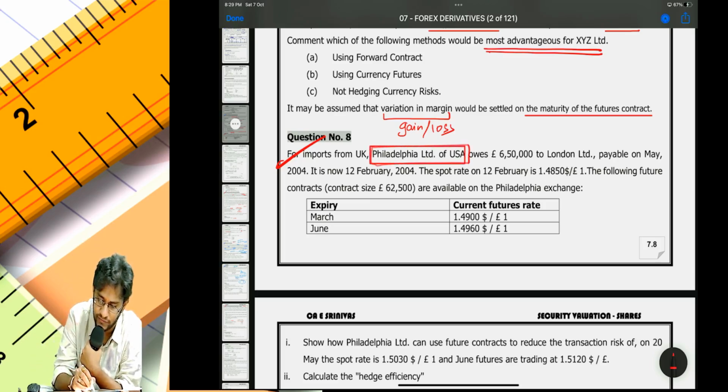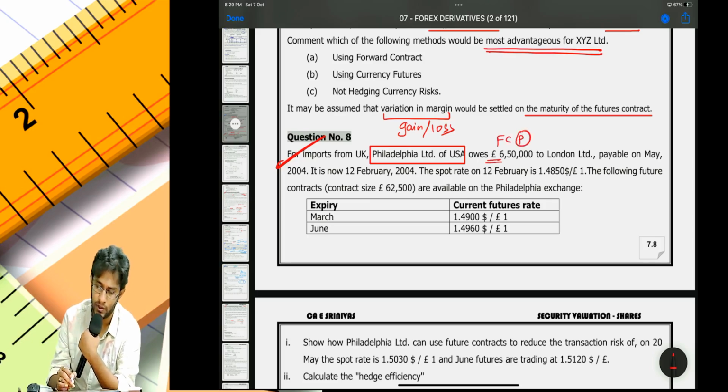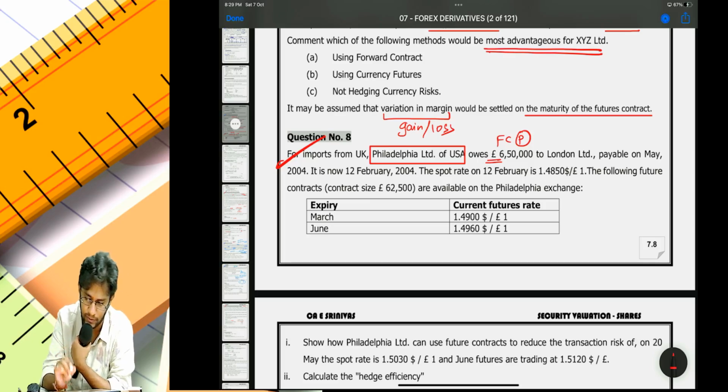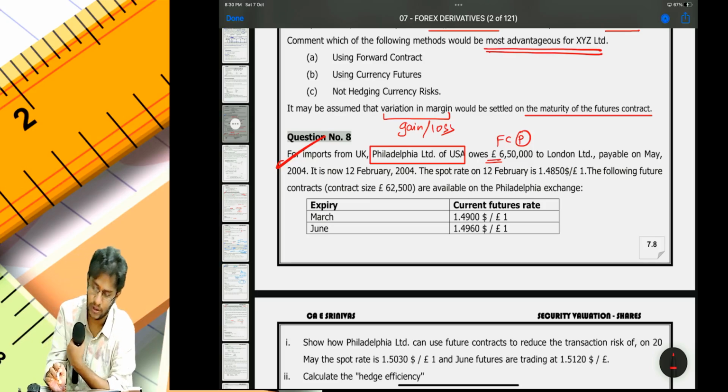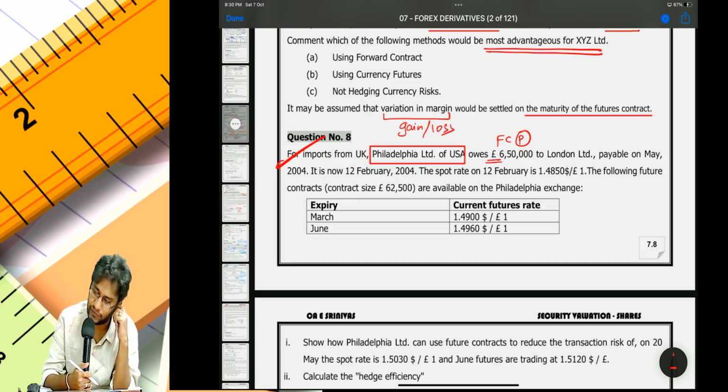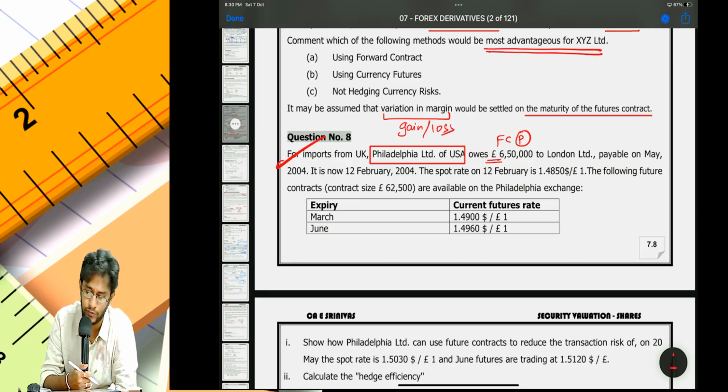You owe means definitely this is a foreign currency payable, that too in pounds. Payable in May. Today is in February. Spot rate today is given, 1 pound is equal to so many dollars. The following futures contracts with lot size of 62,500 pounds are available on Philadelphia Exchange. One is March futures, one is June futures.